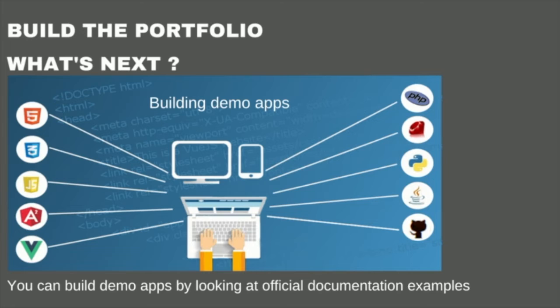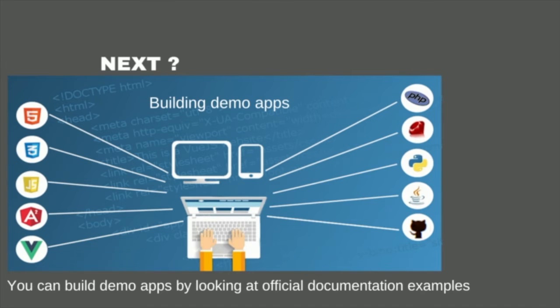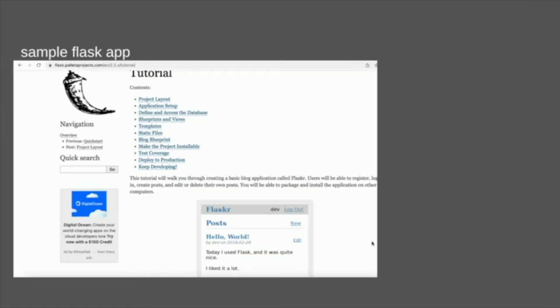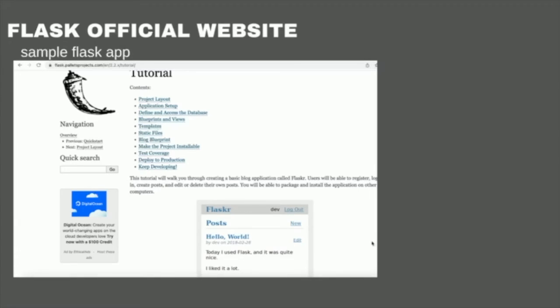For example, if you want to learn or make something in React, you can go to the official website of React and start by building the tic-tac-toe game that is given in the tutorials. You can easily find all the steps of the game in the official documentation itself. Or if you want to learn Flask, you can find a URL shortener demo application code in the official documentation itself.